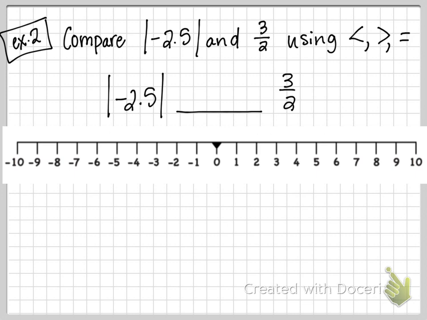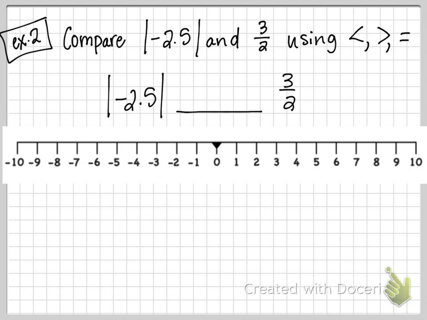Remember, the mouth of that inequality symbol should open toward the larger number. Now, the best way to do this is to simplify your absolute value first and then get them into the same form. So either both fractions or both decimals.